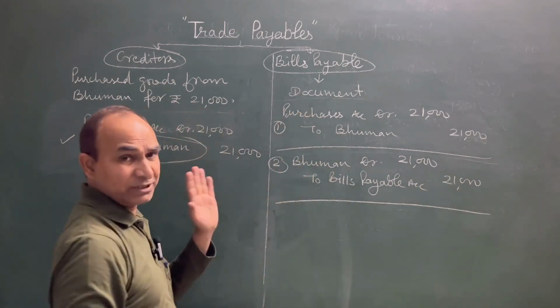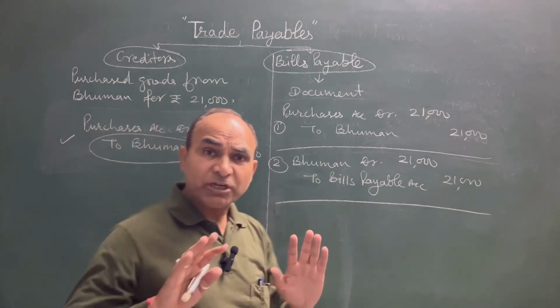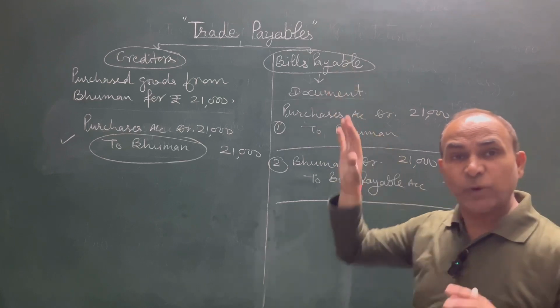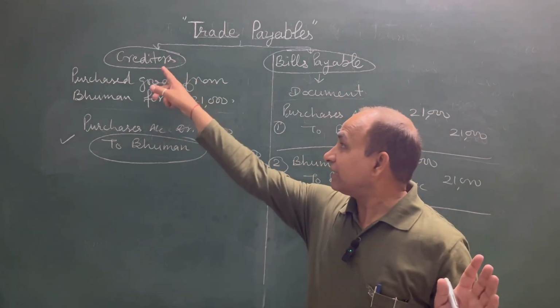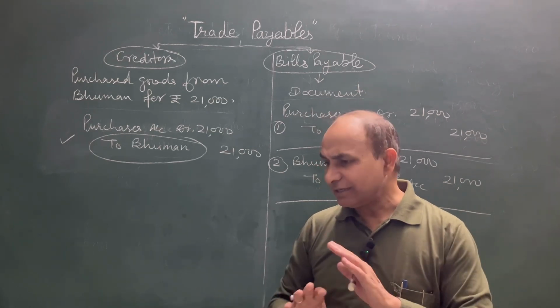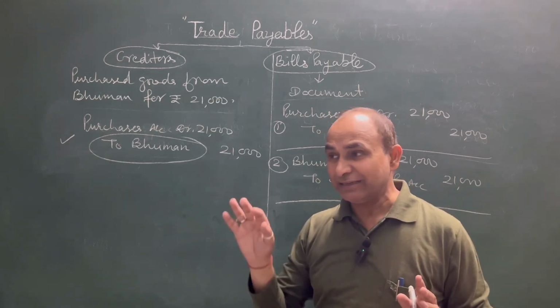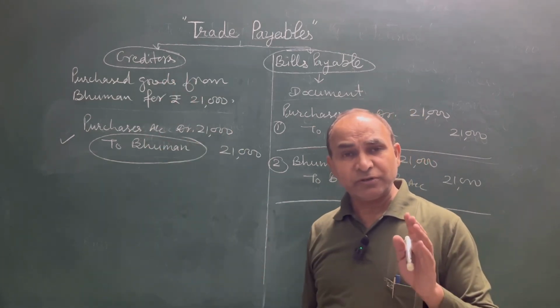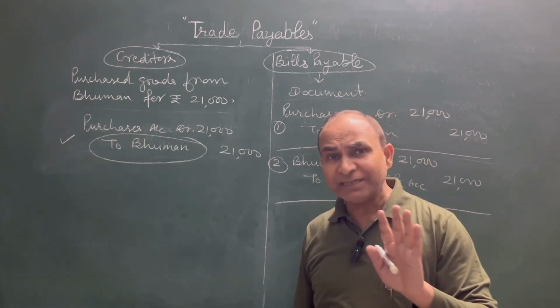See, students, remember one thing, both are current liabilities, whether it is a creditor or a bills payable. What is the basic difference? Creditors take place on trust and understanding basis, and nothing is in writing regarding the date of payment. And here the position of the seller of goods is not very safe.